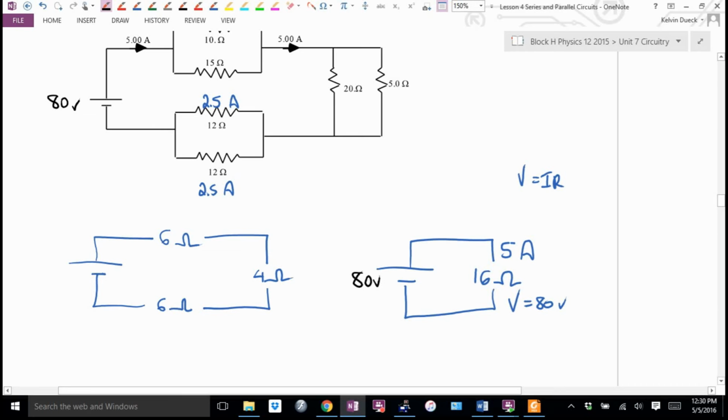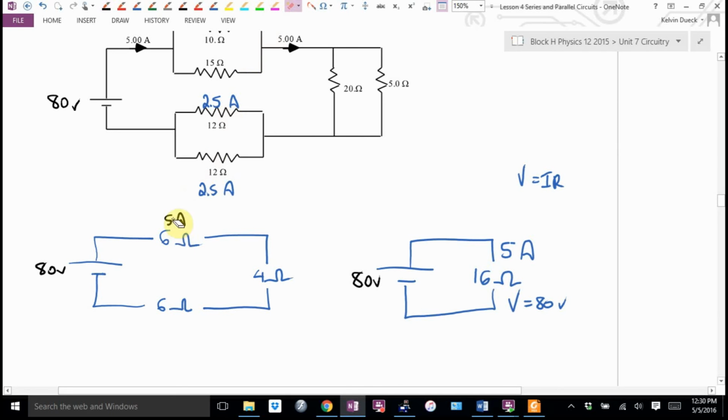Let's go to my middle drawing here. 80, you said? How many amps are going through this 6 ohm? 5. How many volts is this 6 ohm losing?